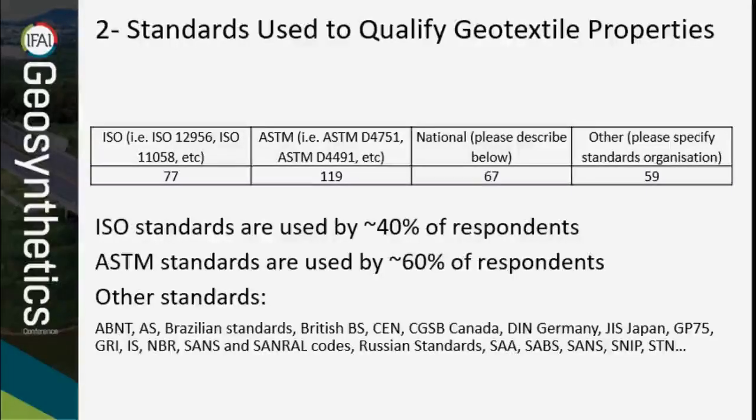We also found that no one group of standards, whether ISO or ASTM, stands out against the others in terms of use. There is no unanimity on which group of standards is the most used around the world.